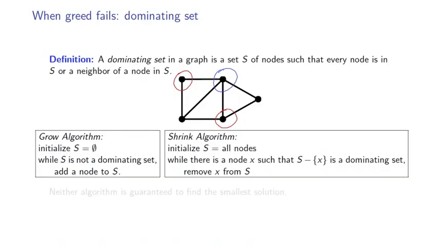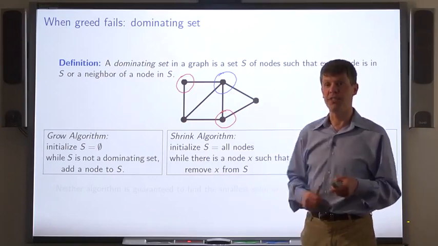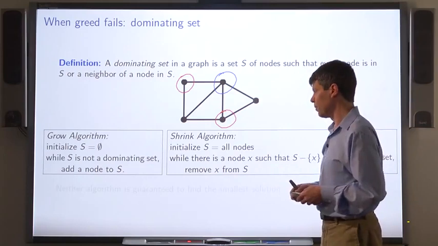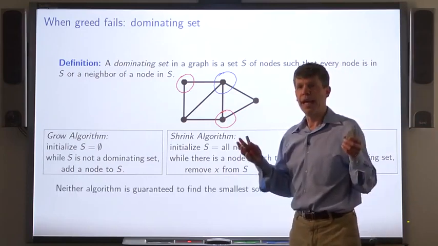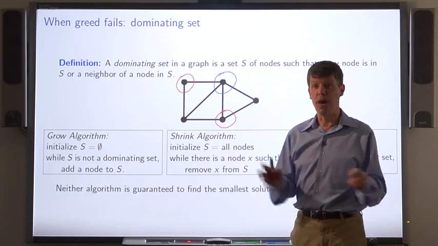An alternative is the SHRINK algorithm, which initializes S to be the set of all nodes and takes away nodes as long as taking them away leaves you with a dominating set. Similarly, this algorithm can also fail to find a smallest dominating set. So algorithms like GROW and SHRINK don't always find you the smallest solution.